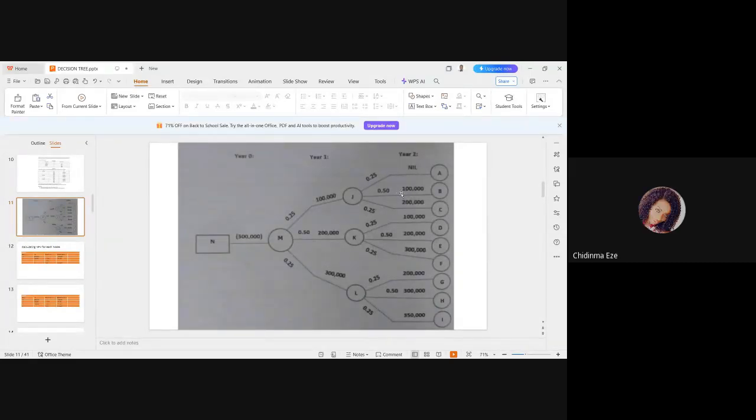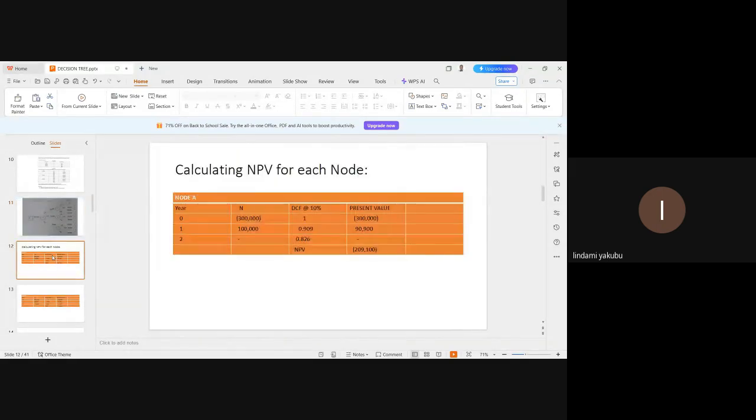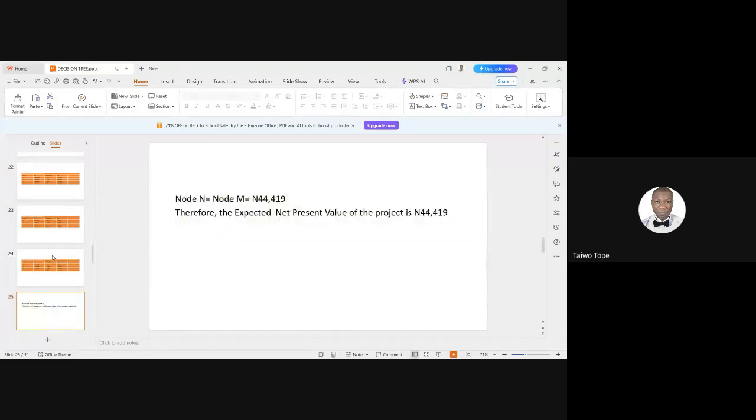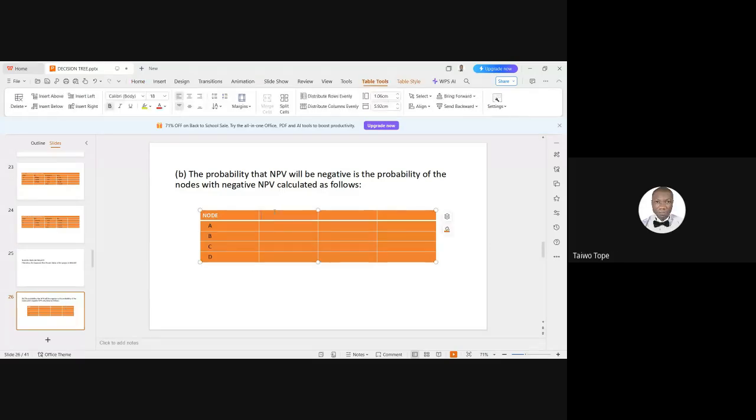For node C, 0.25 for year 1 and 0.25 for year 2. For node D, 0.50 for year 1 and 0.25 for year 2. Fine. So let's go back.